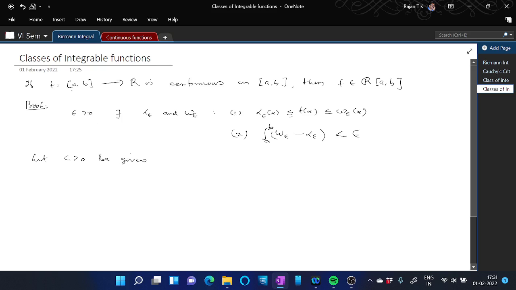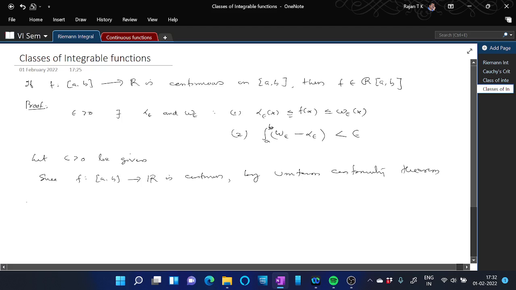Now since f from [a,b] to R is continuous on the closed interval, by the uniform continuity theorem, f is uniformly continuous on [a,b]. That is, every continuous function defined on a closed and bounded interval is uniformly continuous.